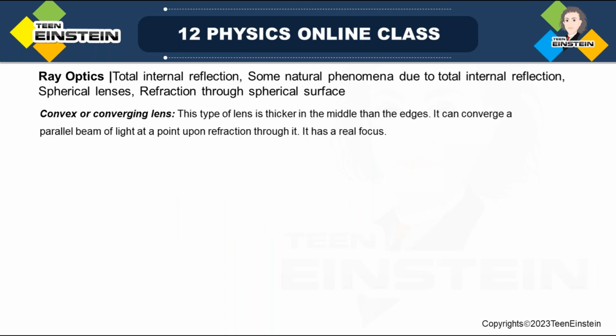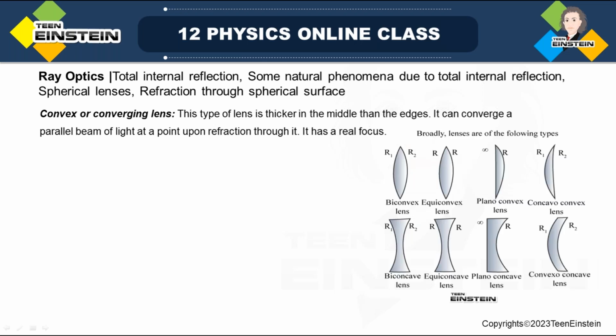So what is a concave lens and what is a convex lens? A convex lens is one whose middle portion is thick but the edges are thin. Look, this is a kind of convex lens.